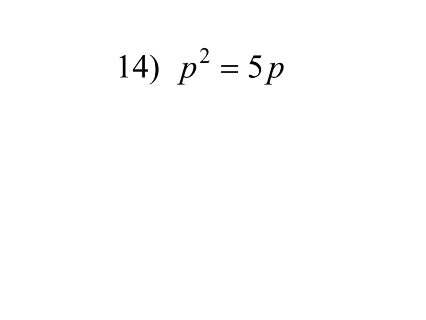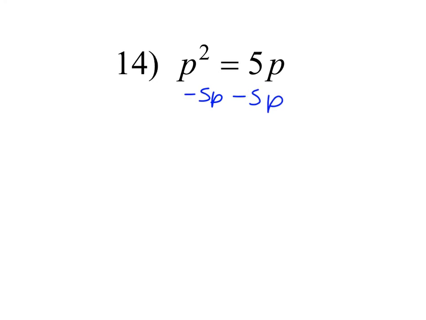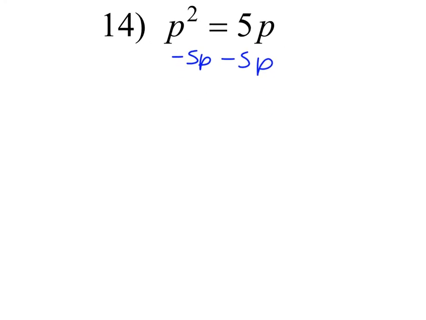What should I do first? We got to move the 5p over. So let's subtract 5p. So we get p squared minus 5p is equal to 0.